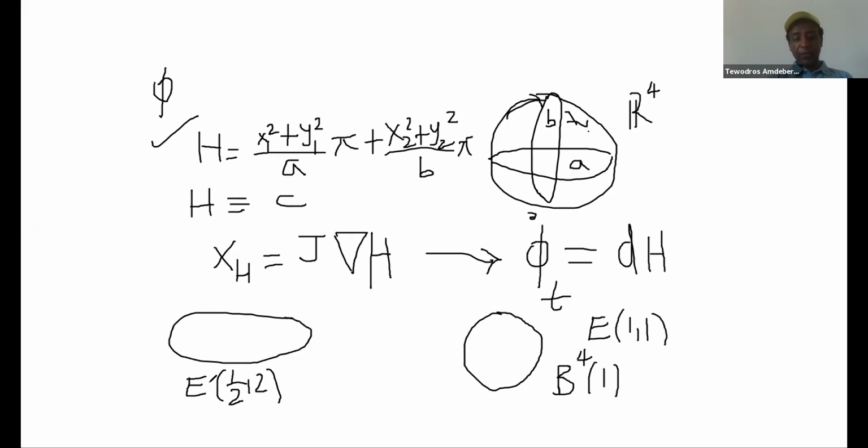Volume-wise, they are the same because the volume of E(A,B) is A times B over 2. So the volumes are the same, and a rescaling function can easily give you a diffeomorphism. But is it possible they are symplectically the same? No, they're not, because if you look at this cross-sectional area, it has area A, this has area 1/2. However, over here, this is area 1 all around.